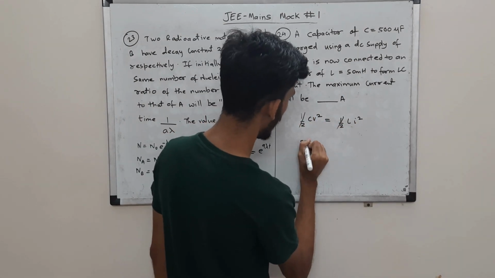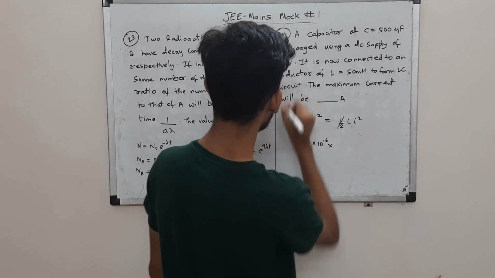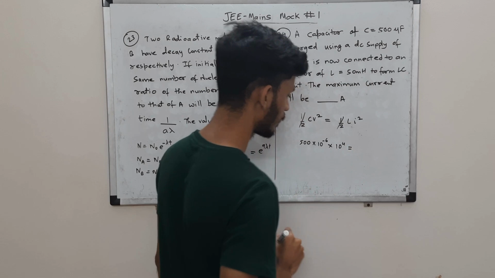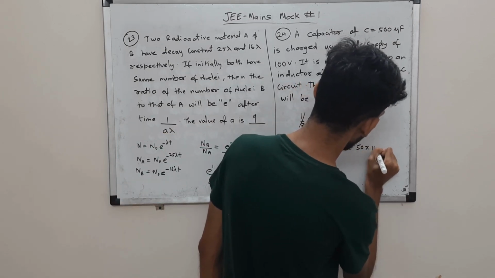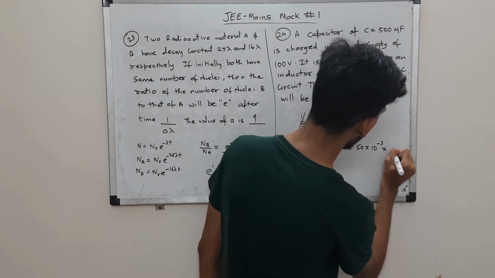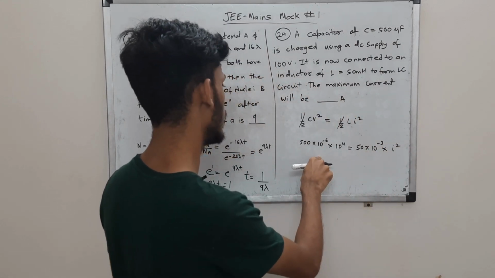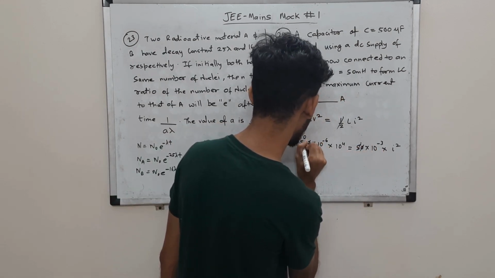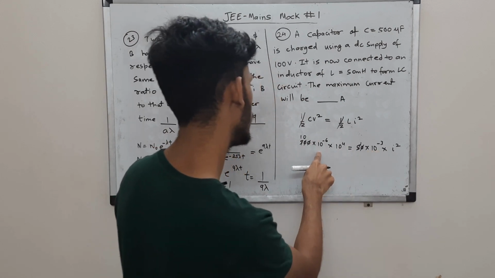C is 500 microfarad, 10 to the power minus 6. V square, so 100 square, so 10 to the power 4. L is 50 millihenry, and i we are supposed to find, so 10 to the power minus 3, that can cancel this. So I'll cancel this first. This is 10, right, and I can cancel 10 to the power minus 3 here.